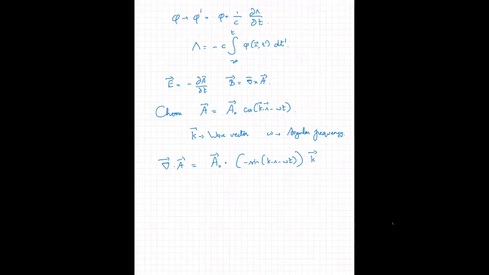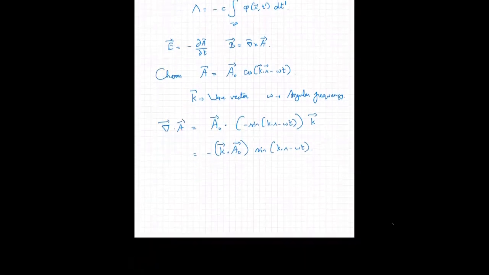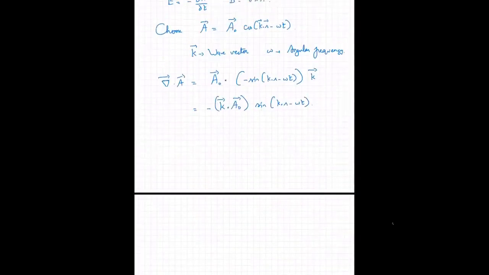In other words, I can write this as minus k dot A0 sine (k dot r minus omega t). So the Coulomb gauge del dot A equal to 0 simply implies that k dot A0 equal to 0.